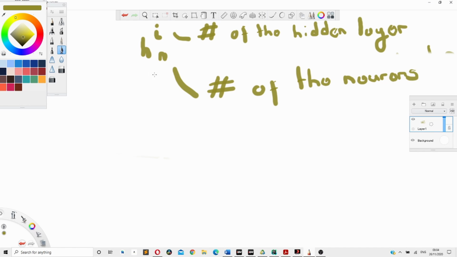So basically this is our notation for the hidden layer.